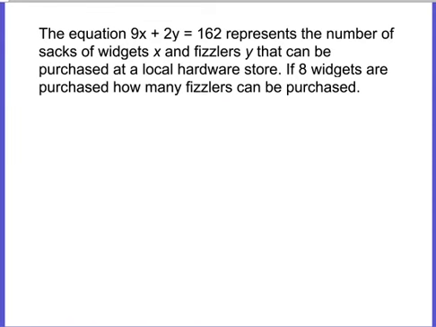The equation 9x plus 2y equals 162 represents the number of sacks of widgets x and fizzlers y that can be purchased at a local hardware store. If 8 widgets are purchased, how many fizzlers can be purchased? Substitute x with 8. It's the same type of question we just had, just asked as a word problem. Widgets go with x, so put an 8 in for x. 9 times 8 plus 2 times y equals 162.